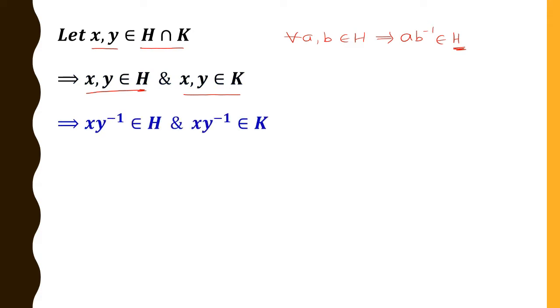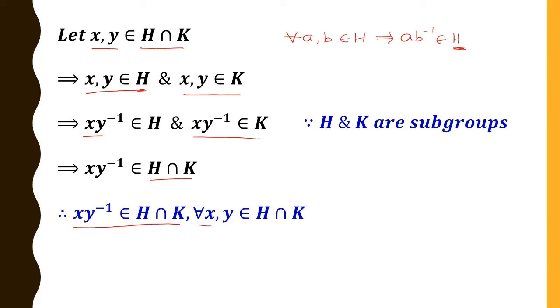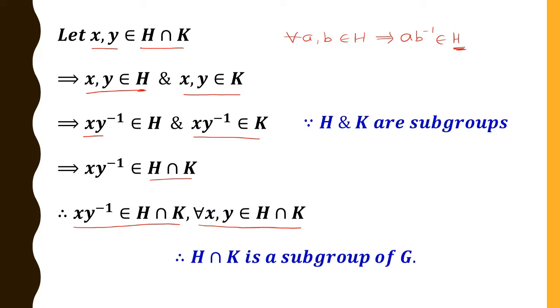H and K are subgroups of G. Therefore, xy inverse belongs to H and xy inverse belongs to K. So you can write this step because H and K are subgroups of G. Since xy inverse belongs to H and xy inverse belongs to K, therefore xy inverse belongs to H intersection K. Therefore we have proved xy inverse belongs to H intersection K, and this is true for all x, y belongs to H intersection K. Therefore H intersection K is a subgroup of G. This completes the proof.